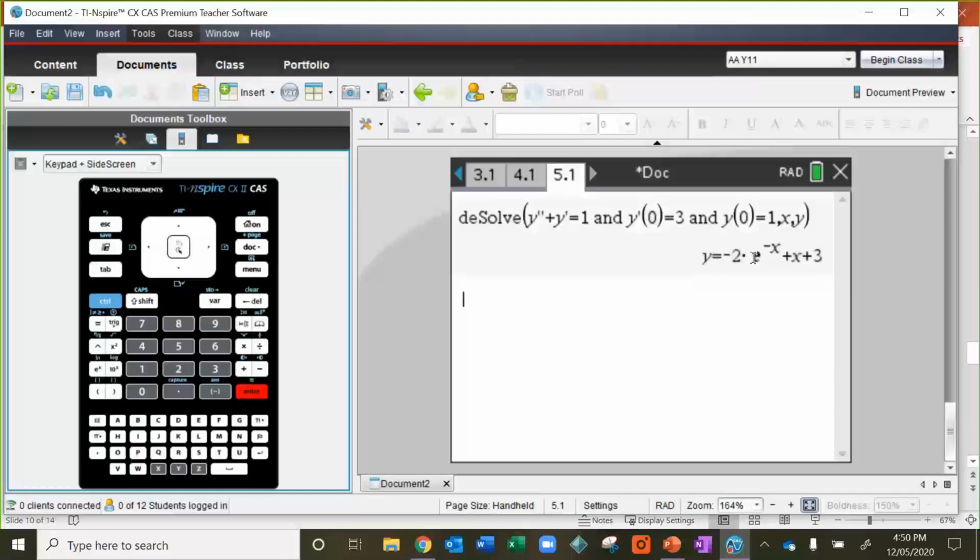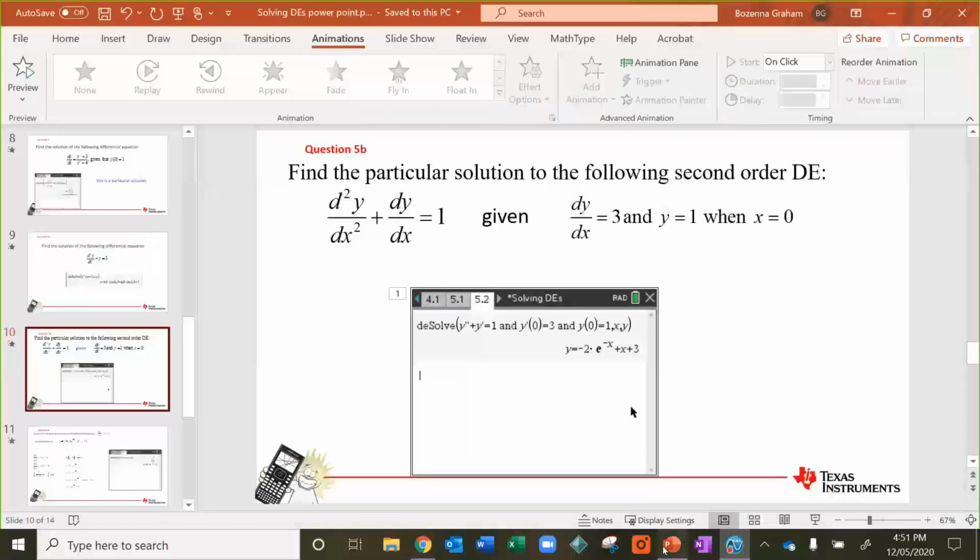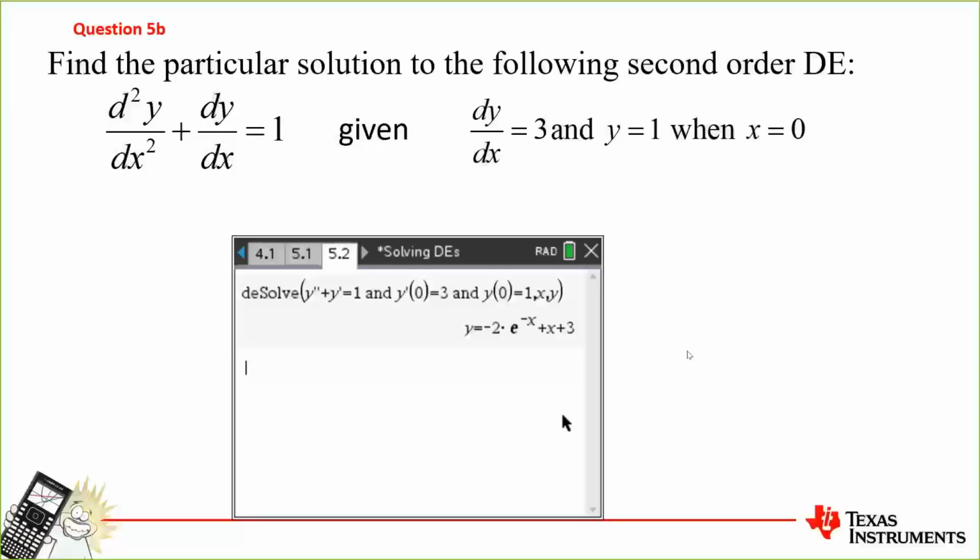And the calculator tells us the solution is y equals minus 2e to the minus x plus 3, which indeed is a particular solution given those two conditions. So we need spaces unless you have CX2 where you can put option 1, option 2.